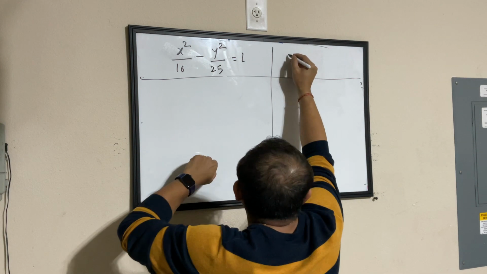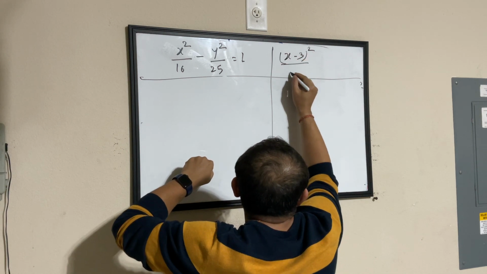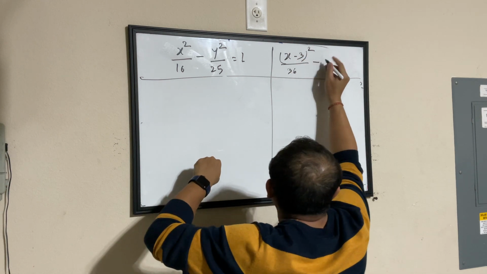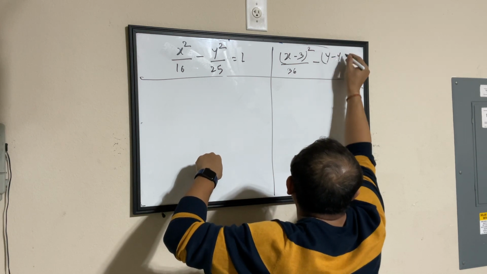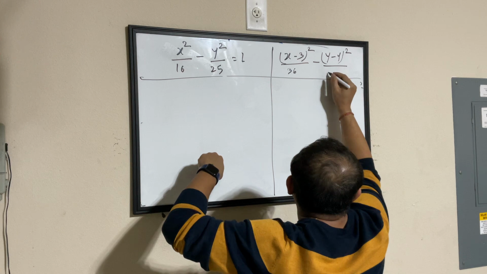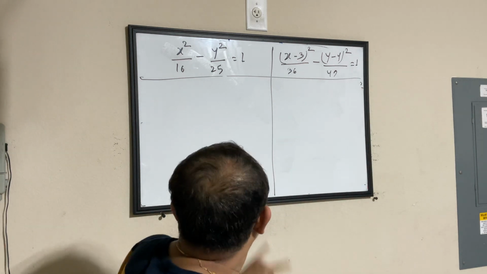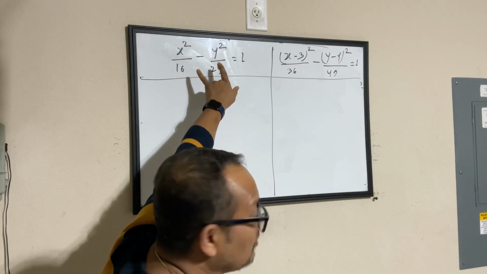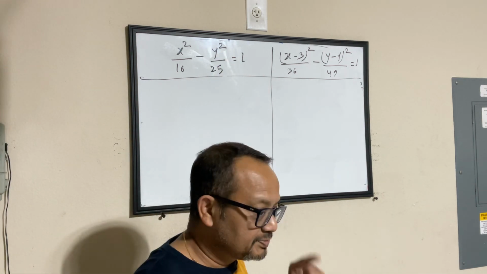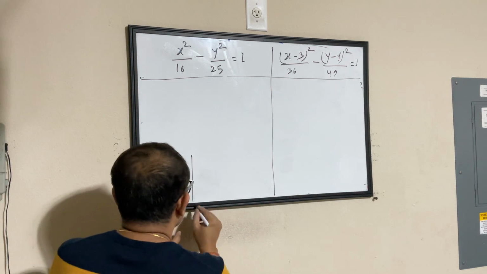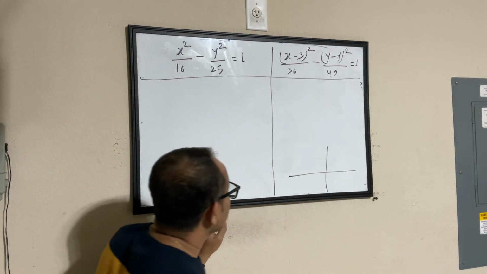And another equation is x minus 3 squared by 36 minus y minus 4 squared by 49 equal to 1. Now, what will be the coordinates of the center for this hyperbola? I'm just giving you guys some clue, so just try visualizing this.